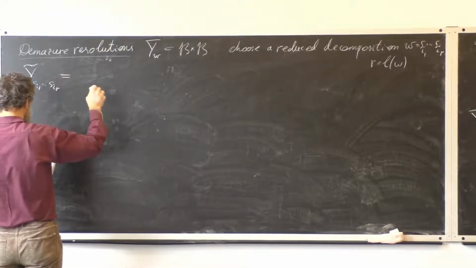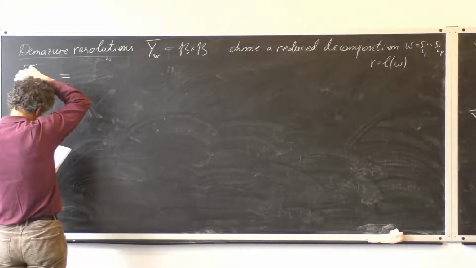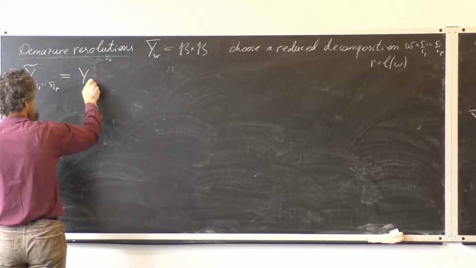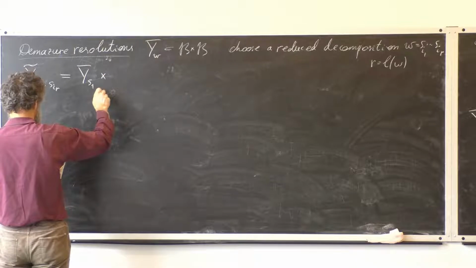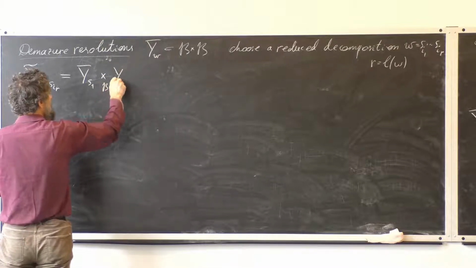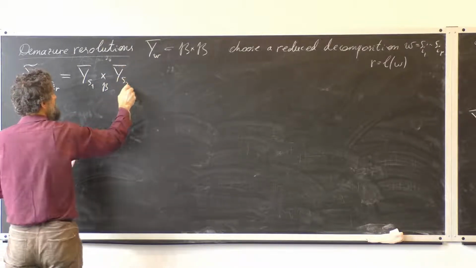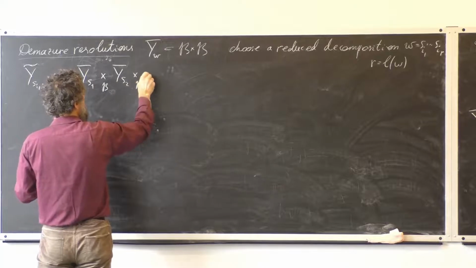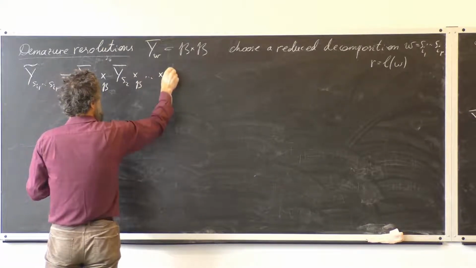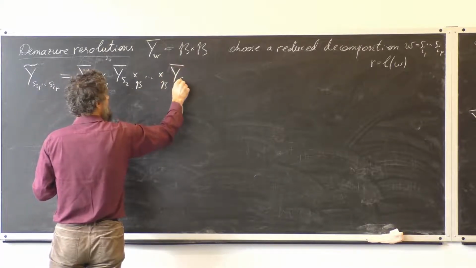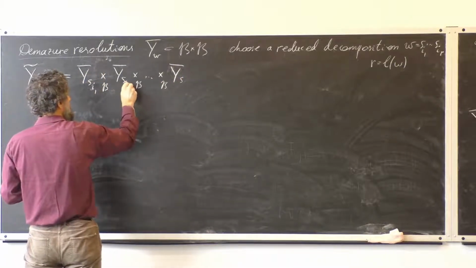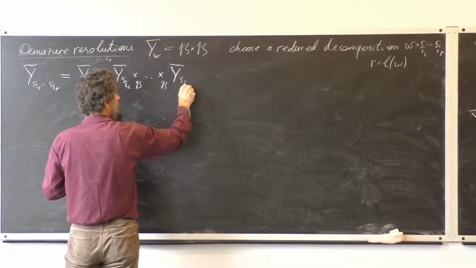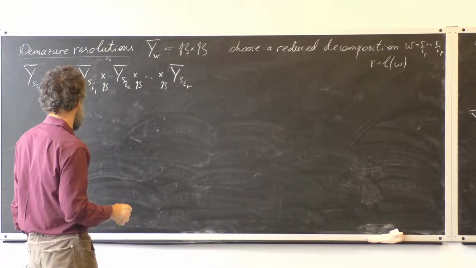This is just the Cartesian product, y_{s_{i1}} over the flag variety, y_{s_{i2}}, ... y_{s_{ir}}.